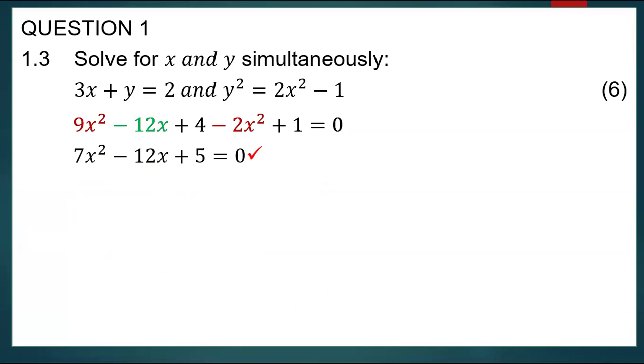So you need to be careful, because you don't want to put 7 as the first term in each bracket and 5 as the last term in each bracket. You don't want them to be multiplied, because 5 times 7 is 35, and we're only looking for 12. We want to multiply 5 with 7.